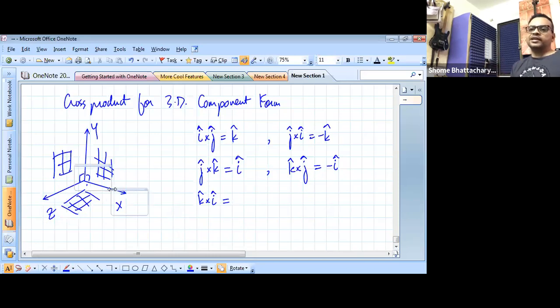So your palm will be pointing straight upwards. This is the floor of your room, and this is the edge to your left, and this is the edge in front of you. Point your thumb along z-axis and your fingers along x, so it will be pointing upwards like that. So this will give us plus j cap. And the reverse of this, that is i cross k, will give us minus j cap.